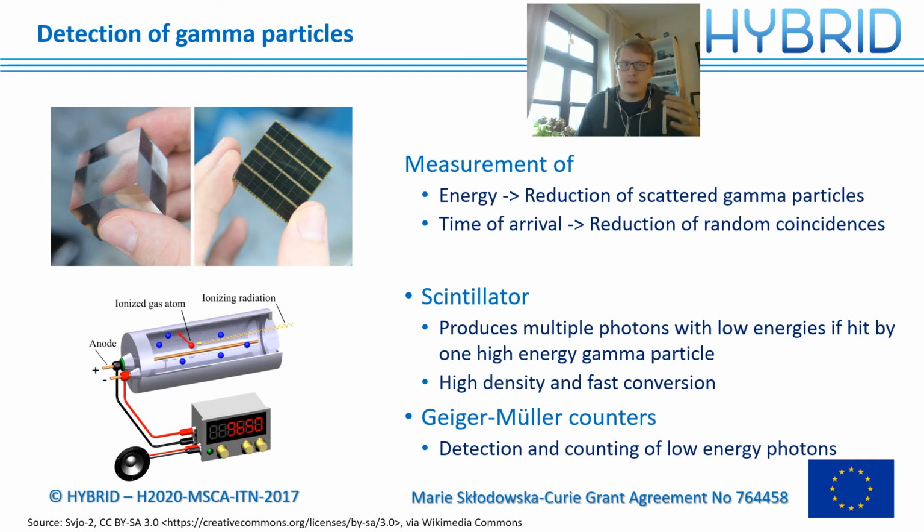And if a lot of those Geiger-Müller counters are on this small piece of electronics, you can see how many of those triggered, for example 9,000 of those triggered, and then you know this might have been a gamma photon with 511 keV.